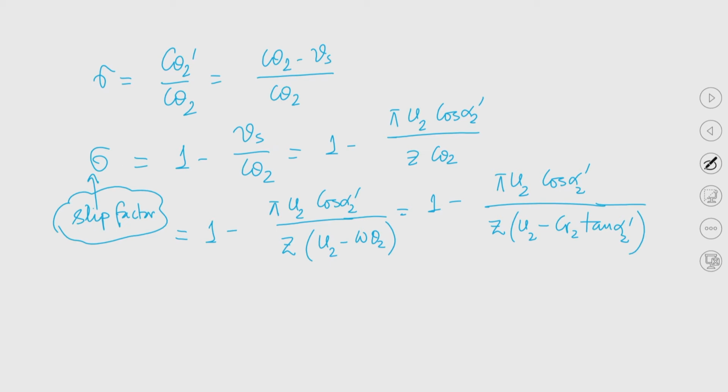Okay. So, if we go one step further, we can write that is nothing but 1. Now, if I divide this denominator and numerator by u 2, what I will be getting? I will be getting pi cos alpha 2 prime divided by z into 1 minus CR 2 by u 2 tan alpha 2 prime, right.